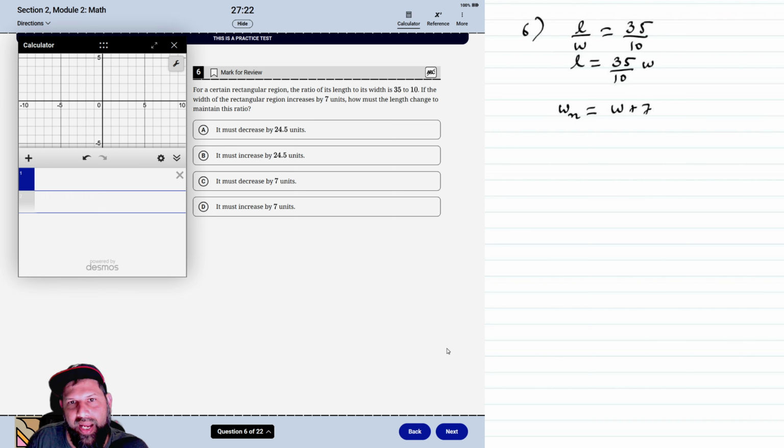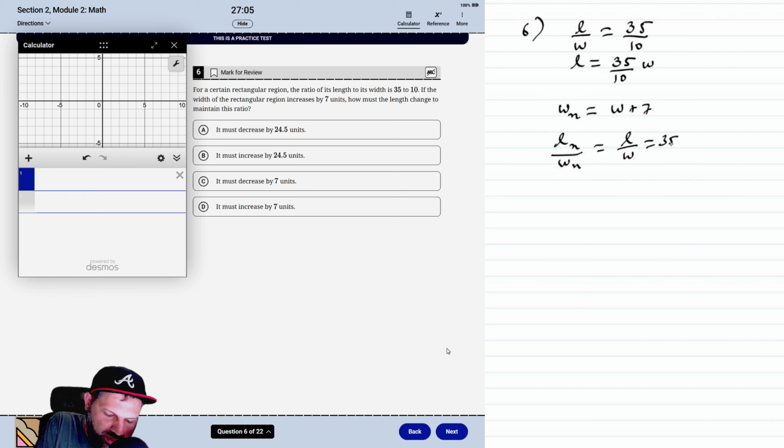We're asked how must the length change to maintain this ratio. So this Ln is going to be how much? We want to keep Ln over Wn as the same ratio, which is L over W, which is going to be 35 over 10.